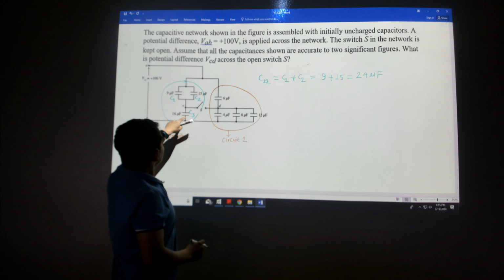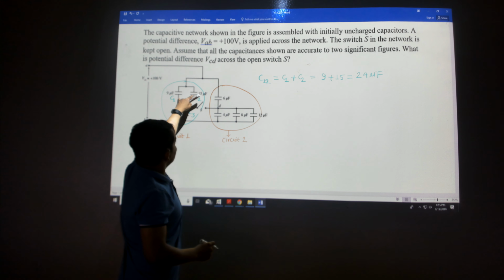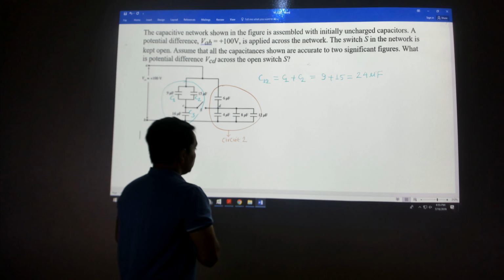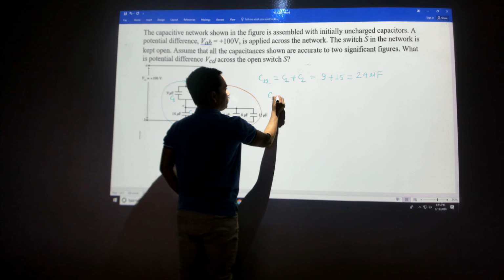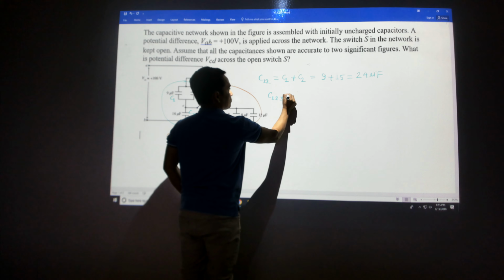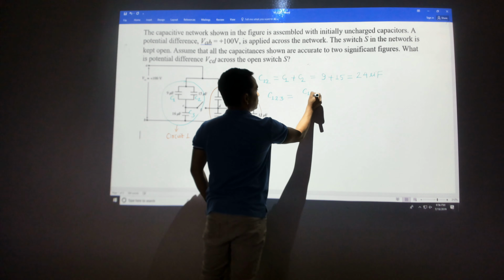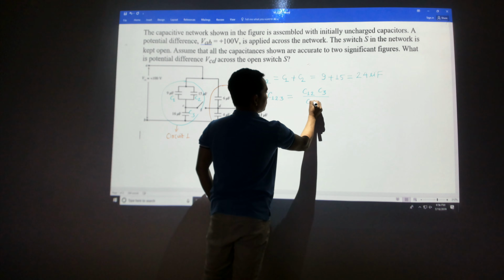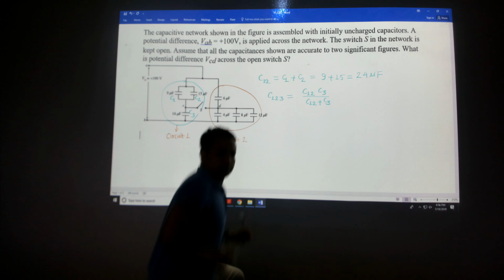And then C1 and C2 together are connected in series with C3. So the total capacitance C123 is C12 times C3 divided by C12 plus C3, because these two are connected in series.